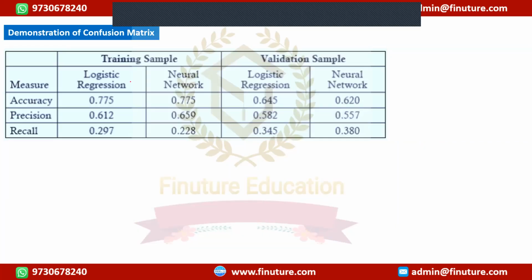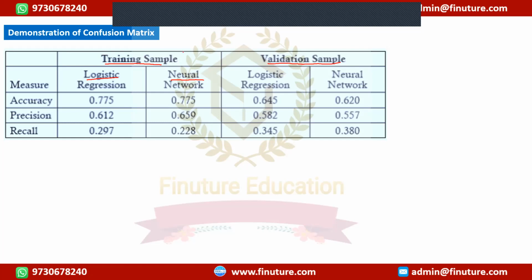So this is some random example, training and validation. There are two models. One is logistic and another one is a neural network. We are testing on training data. This is a training sample and this is a validation sample. Prior to that, one video was made on machine learning, which clearly had overfitting and underfitting detail.